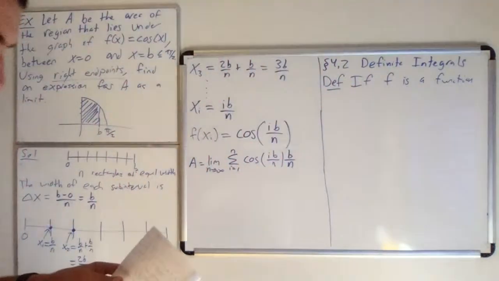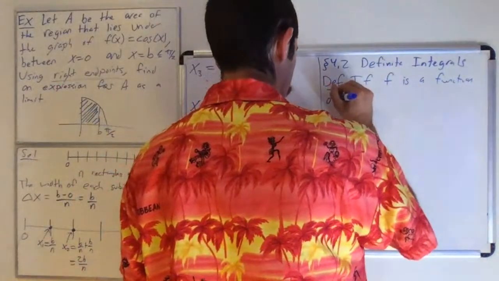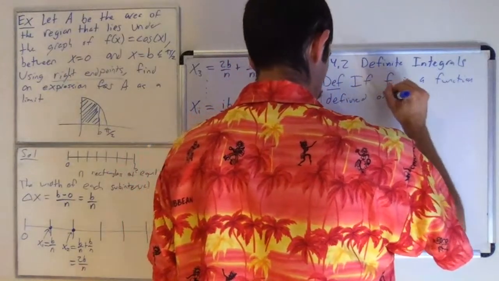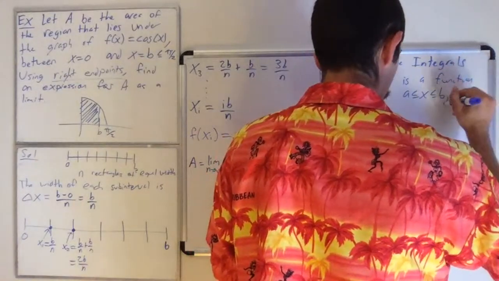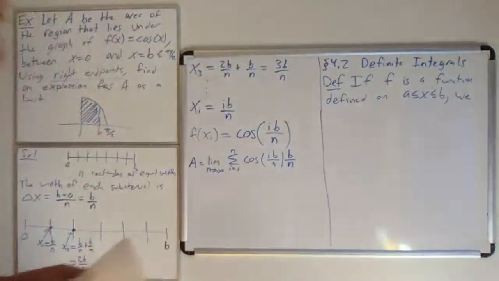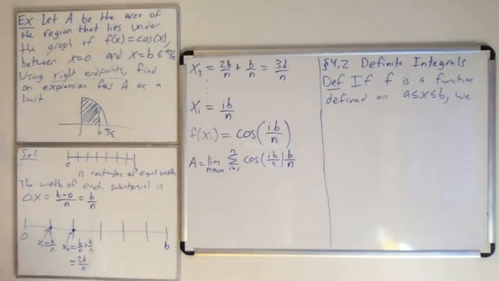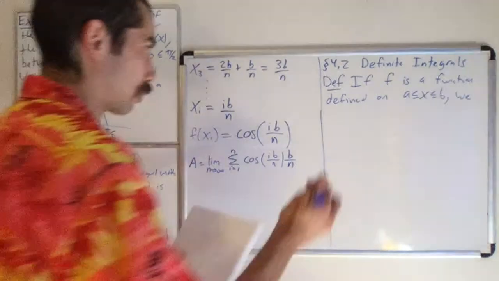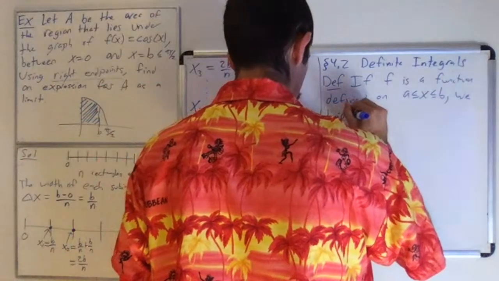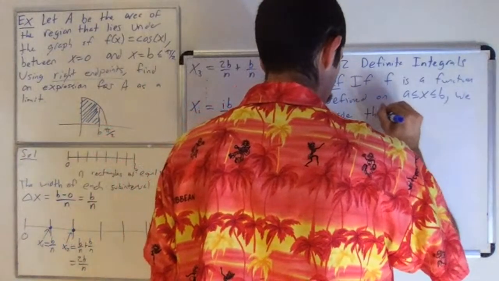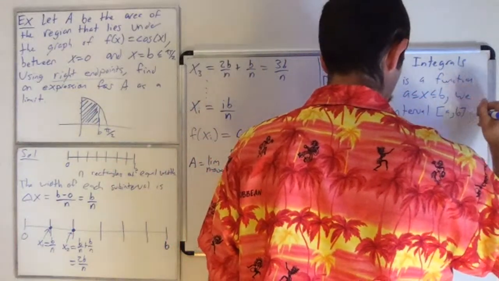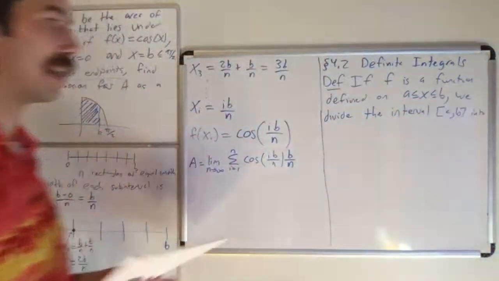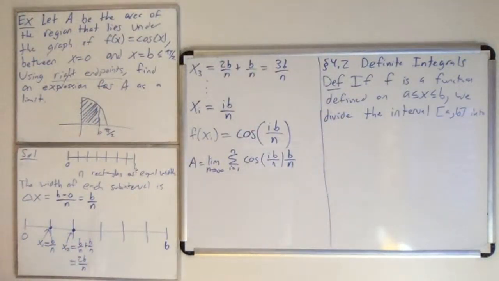So if f is a function defined on a to b, what we're going to do is the same kind of process. We're going to divide the interval a b into n subintervals of equal width.